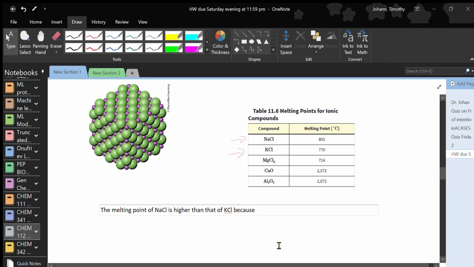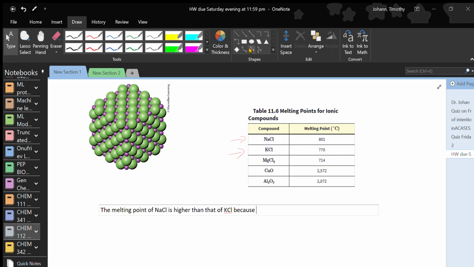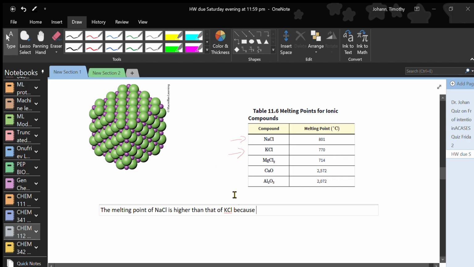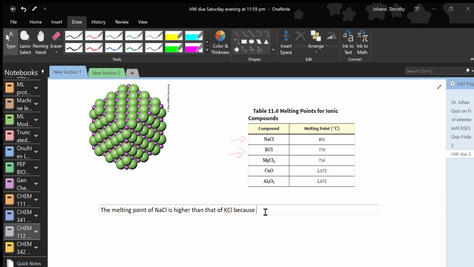So the increased distance decreases the force, and therefore it's going to be easier for those molecules to spread out and change phases, so the melting point ends up being lower. Right. So that's a great explanation. The only thing I take issue with is the spread out, because solids and liquids have about the same volume. Okay. But other than that, great.